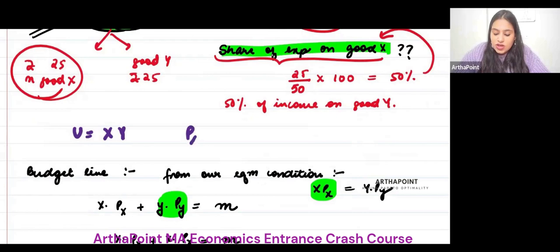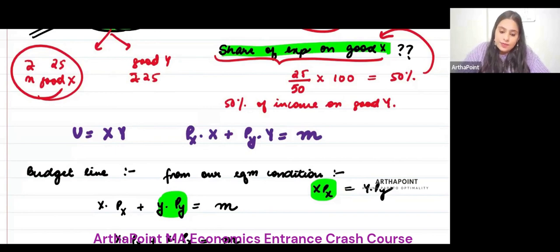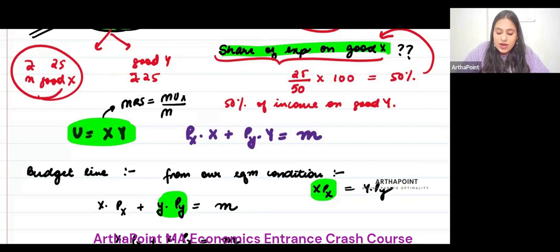We are given a budget line PX into X plus PY into Y is equal to M. Step one that we are going ahead and doing is finding MRS from this utility function. The MRS of this utility function is MUX by MUY.